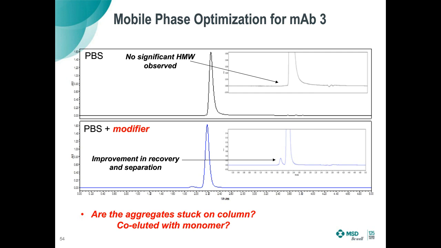Sulfate is a common modifier. Here we found a modifier that was capable of improving the recovery and separation. So we can use the MicroDom and light scattering device instrument to really help us answer, where are the aggregates? Are they stuck on the column, or are they co-eluted with the monomer?